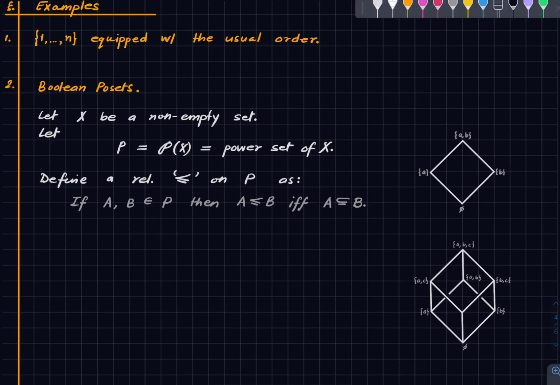For antisymmetry, if A and B are two subsets of X, and A is contained in B and B is contained in A, then A is equal to B. So antisymmetry holds. And lastly, if A is contained in B and B is contained in C, then A is contained in C. So this proves transitivity. So basically the inclusion relation that we have on the set of all the subsets of X is our partial order.